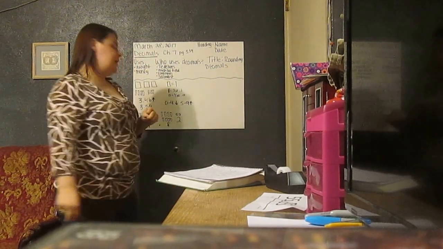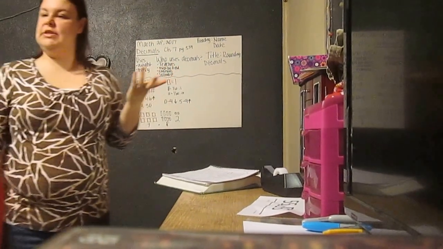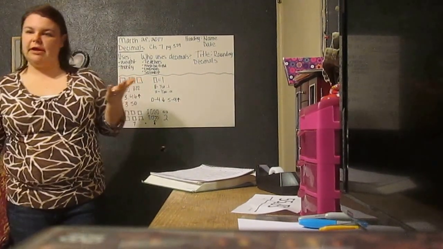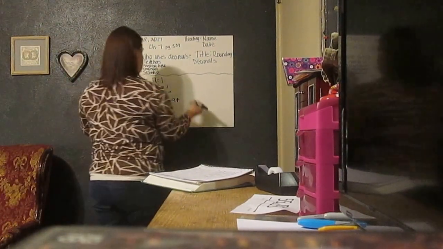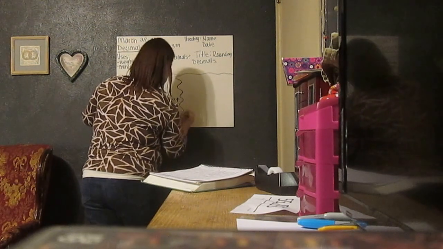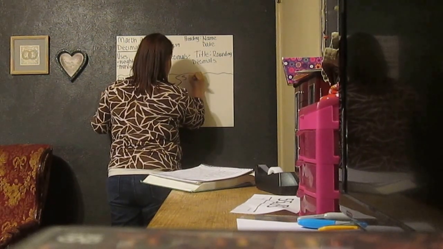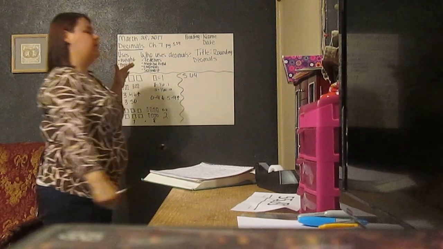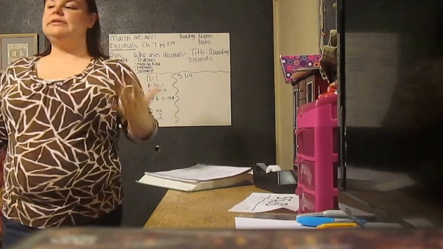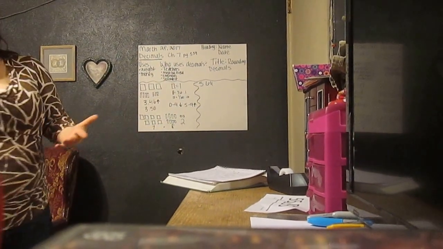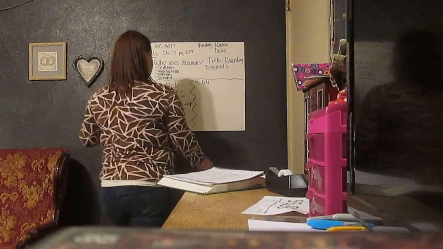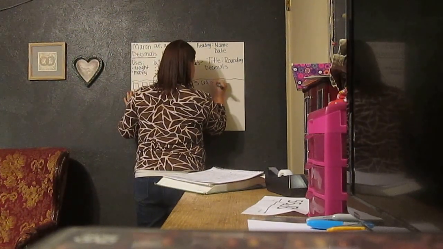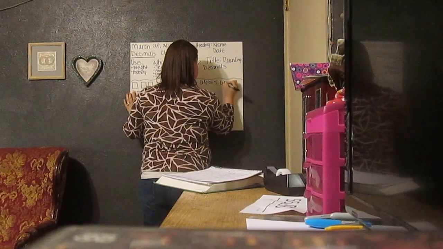If I said that I had $5.64 in my pocket, how will we write that down? 564. If I was rounding this number, how would we do this? It would round down to 560.